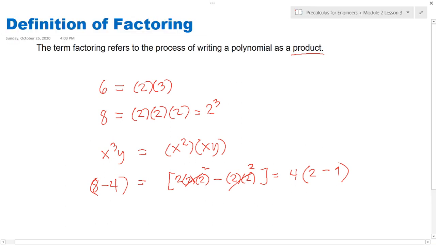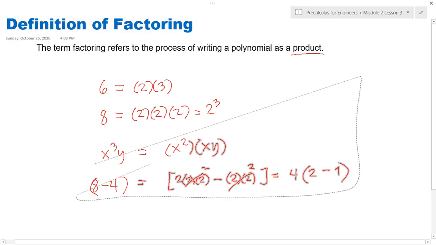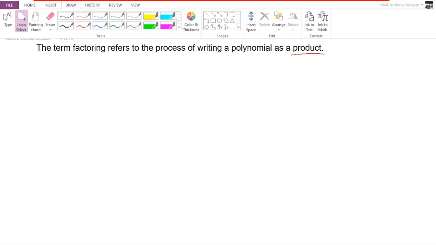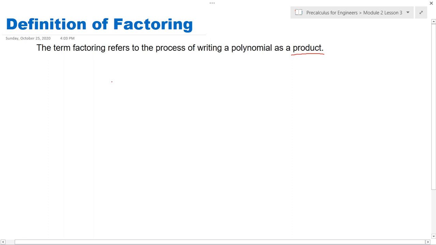If we apply this method to our expressions, let's say we have a binomial expression. Mayroon tayong binomial na 2x squared plus x. So the common factor here is x, since x can be seen in both terms. So factor out x. 2x squared divided by x, the answer is 2x.